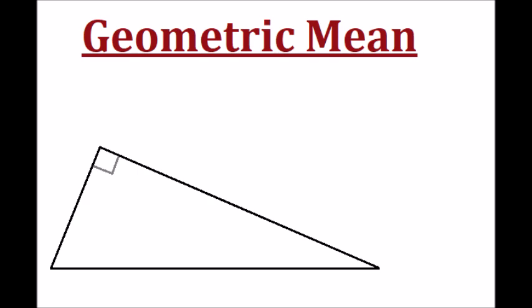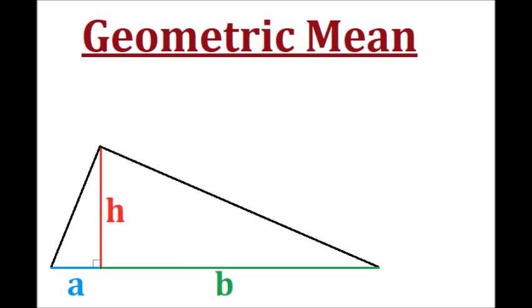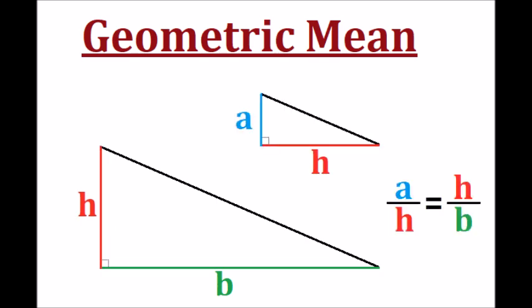So what is the geometric mean? This topic is often neglected in school curriculum, so I will give a brief overview here. The following is a visual demonstration. Look at this right triangle. Now we are going to split it with the red line such that two smaller right triangles are formed. These are similar triangles. We can use ratios to say that a over h is equal to h over b.